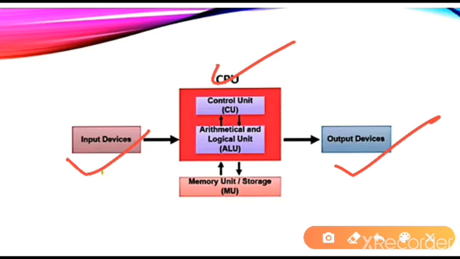It means input devices, output devices, and in the center is the CPU. Inside the CPU there are three parts: CU, that means control unit, ALU, arithmetic and logical unit, and MU, memory unit, also called storage.